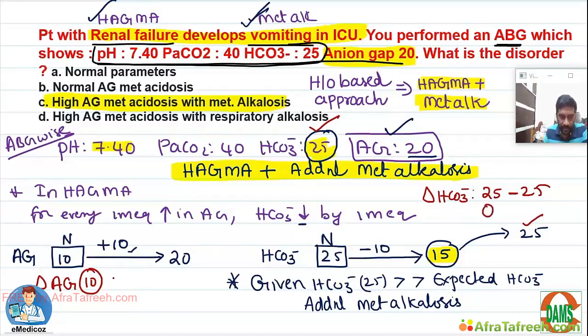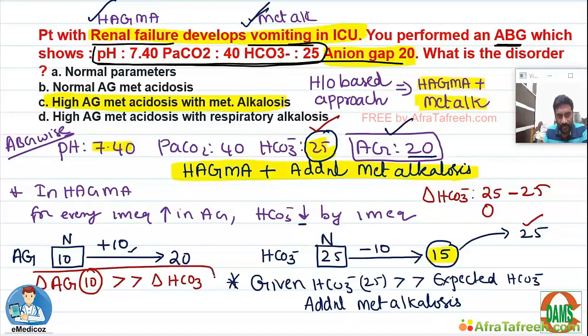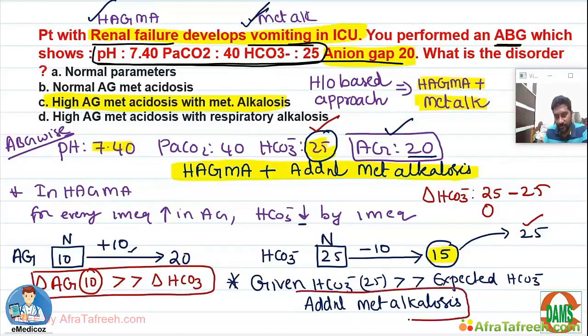If you observe here, delta anion gap is very much higher than delta bicarbonate. So whenever delta anion gap is more than delta bicarbonate, there can be coexistence of additional metabolic alkalosis.